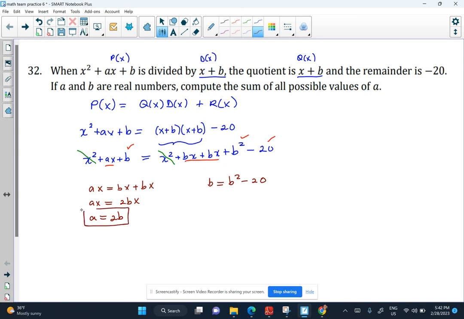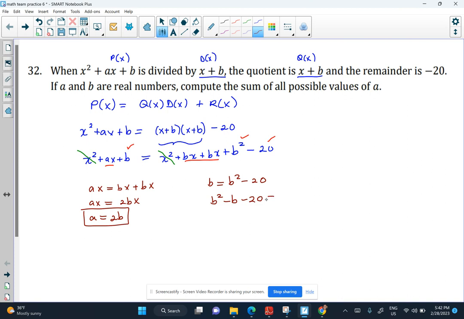So let's keep that in mind. Now, for the constants, the terms without the x, I know that b is equal to b squared minus 20. And with b squared, that's a quadratic equation. What if I put this equation into standard quadratic form by subtracting b from both sides?